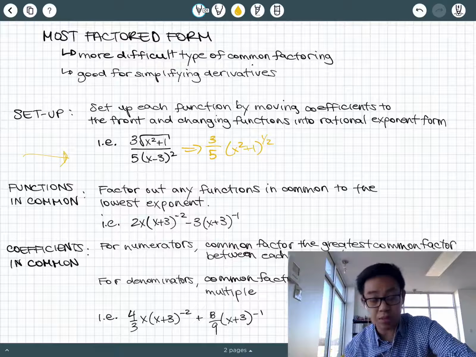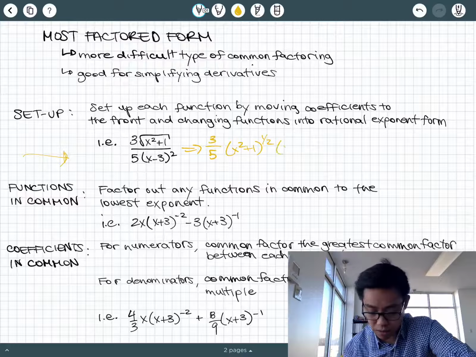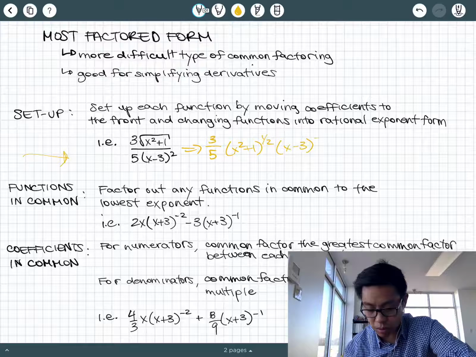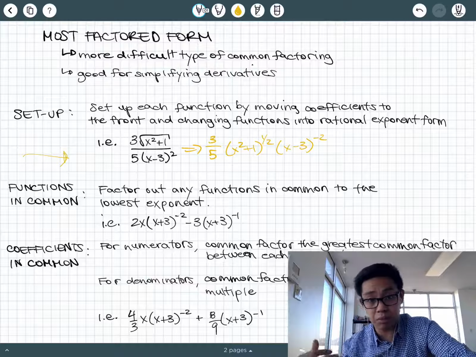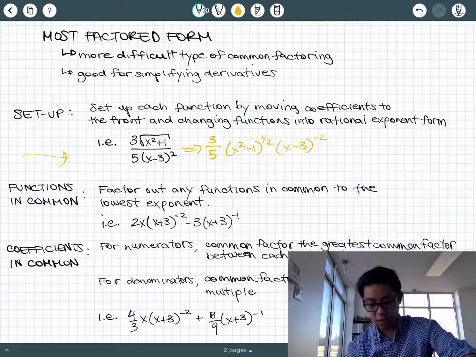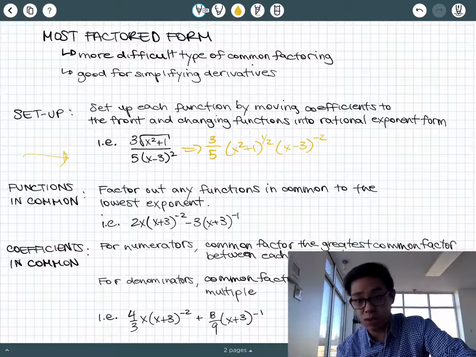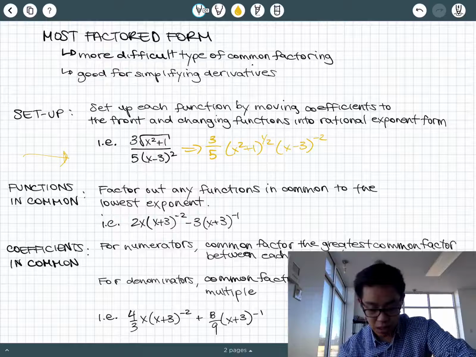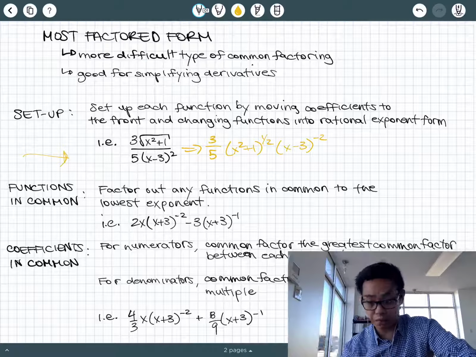Then the x minus 3 squared on the bottom, move that to the middle, so it becomes x minus 3 to the negative 2. I'm moving it from the bottom to the middle. Middle means the same as the top, so now it's going to have a negative exponent. So what I'm doing is running through some little sub ideas that you have to use in order to factor. So first thing is to set yourself up in each term.